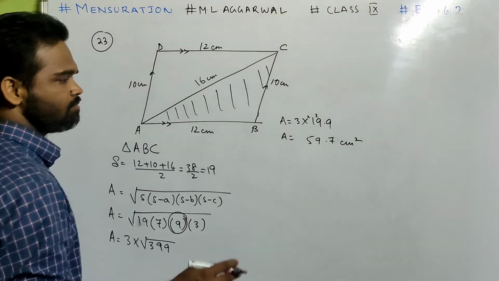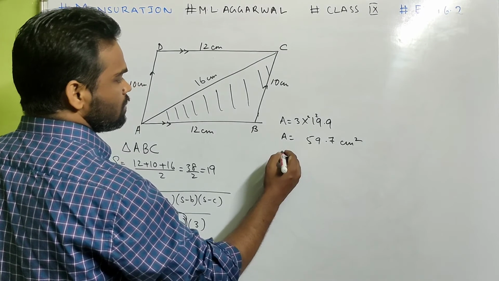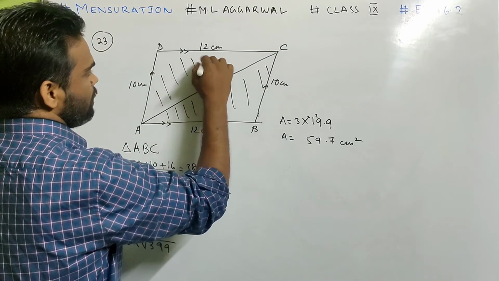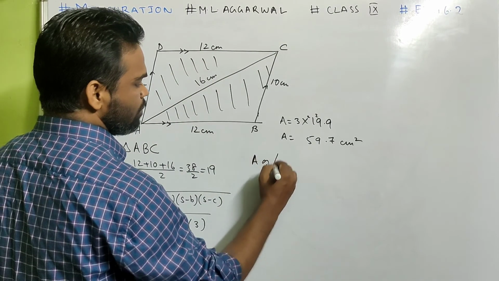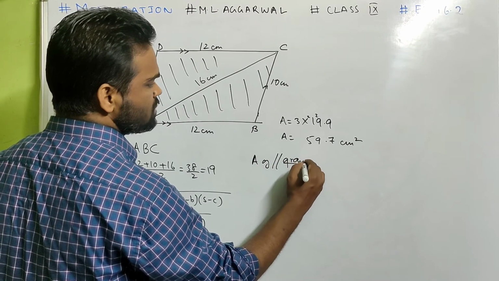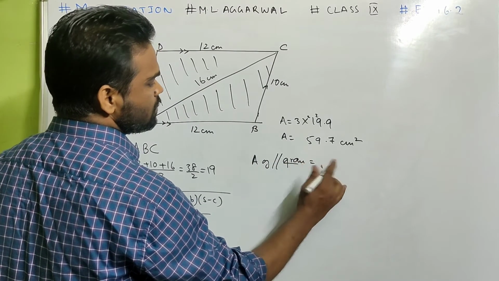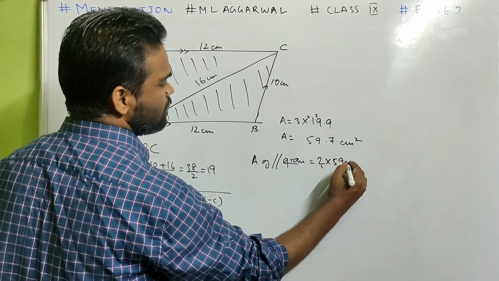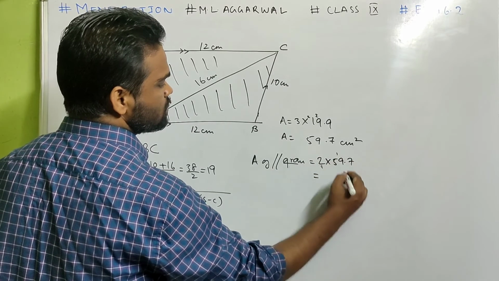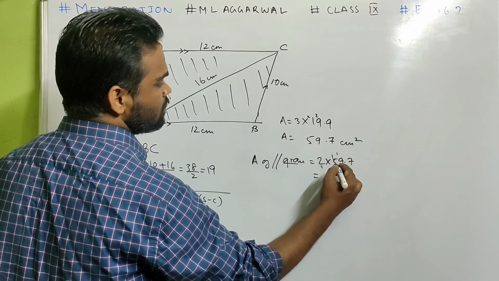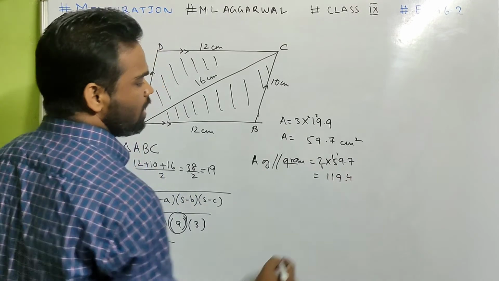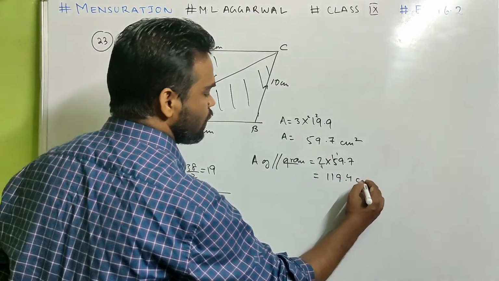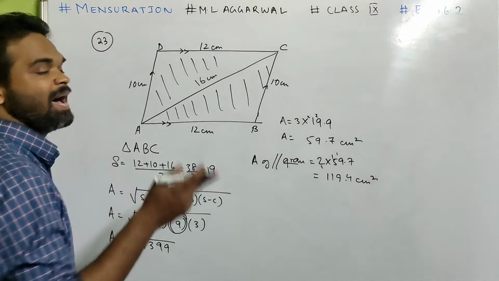Isn't it? Now, so area of the parallelogram will be twice of this thing, which is twice of 59.7. So this is 119.4 centimeter square. That's the area of the parallelogram.